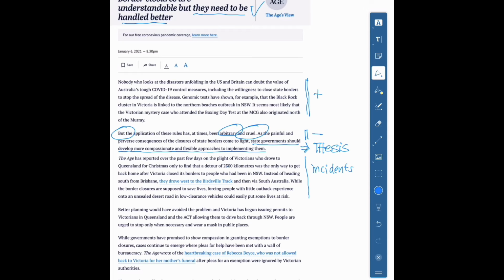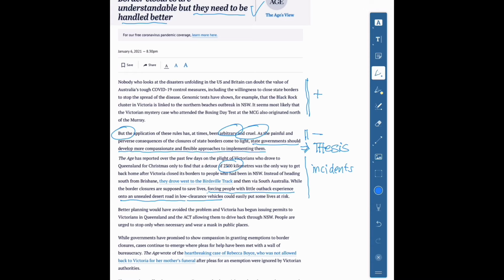Here is mentioned 2,300 kilometers. And again the editorial gives that this is a very bad experience. And have a look at this: forcing people with little outback experience onto unsealed desert roads in low clearance vehicles.